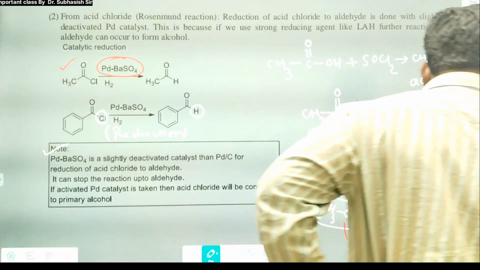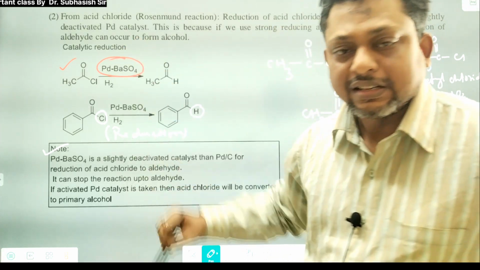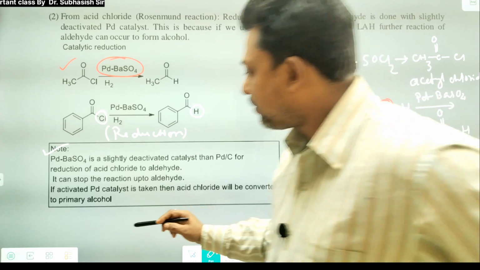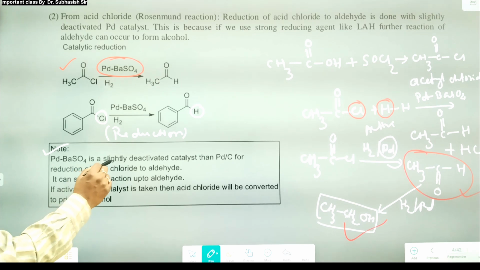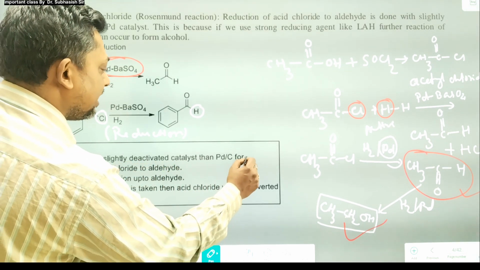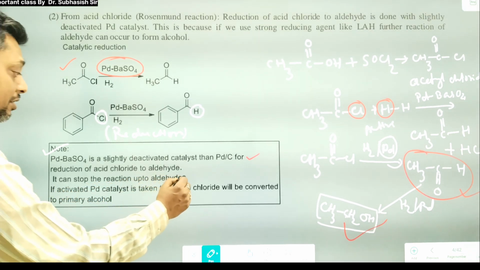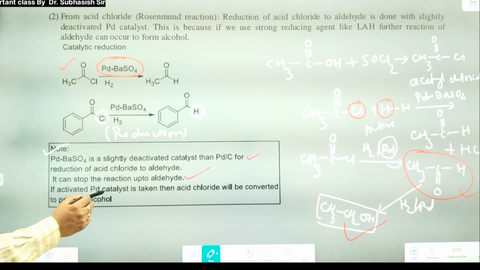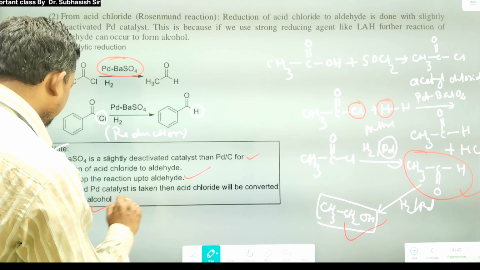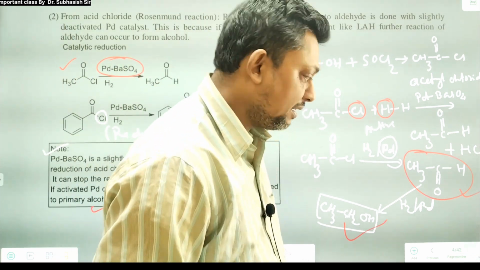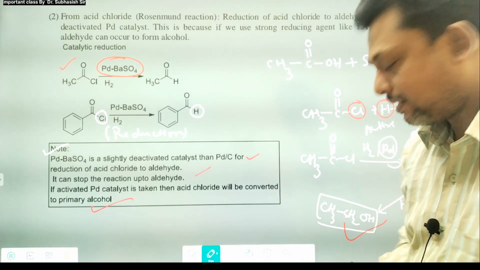No further reaction can occur with palladium on barium sulfate, because it is already deactivated. As I also mentioned here, palladium on barium sulfate is a slightly deactivated catalyst compared to palladium on carbon for reduction of acid chloride. It can stop the reaction at aldehyde, and if activated palladium catalyst is used, then acid chloride will be converted to primary alcohol, which will be a drawback. So we can use palladium on barium sulfate.